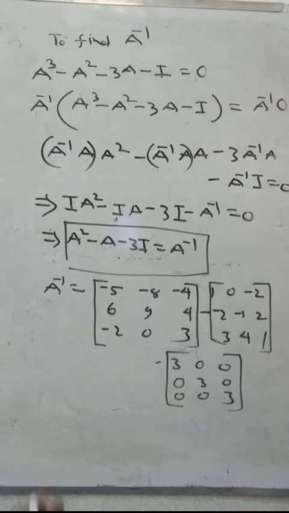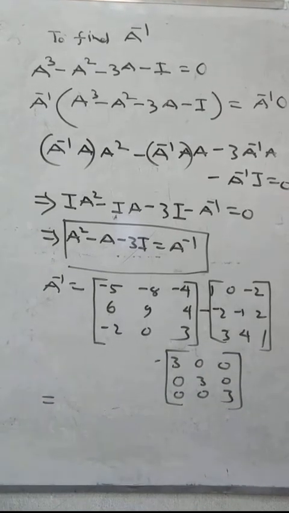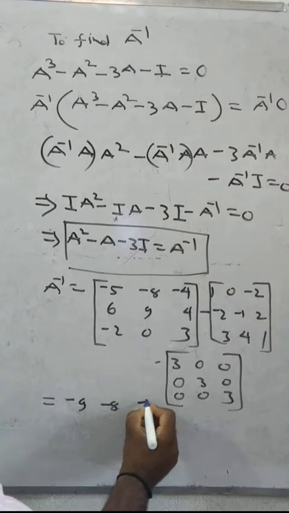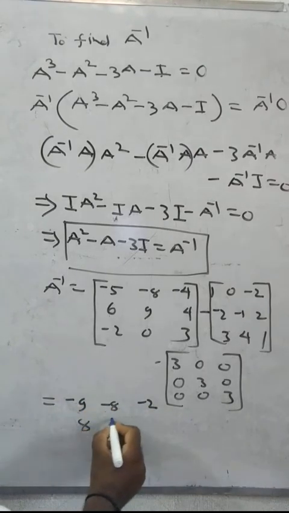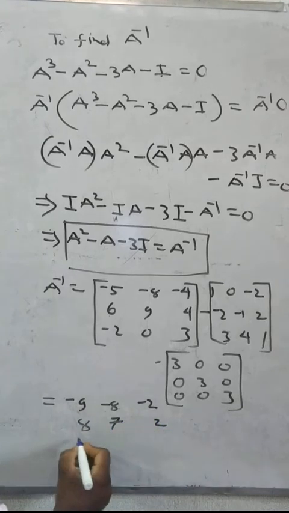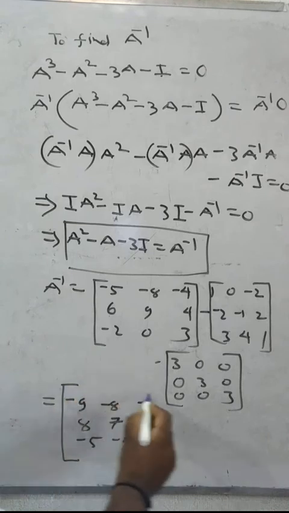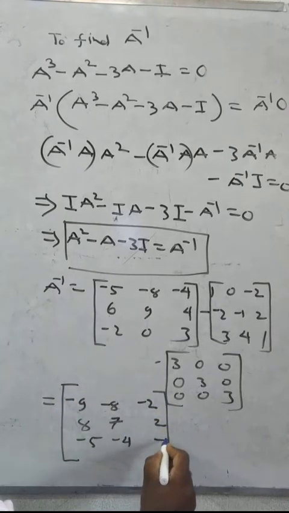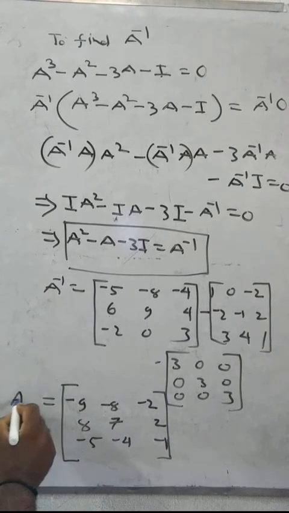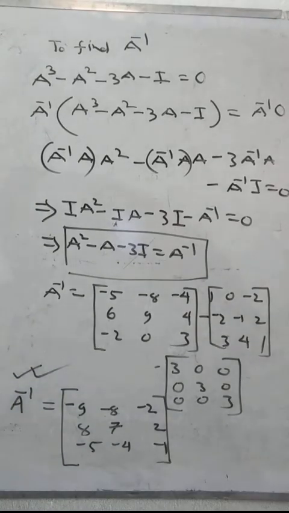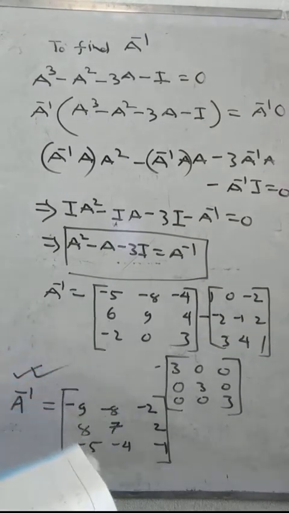So finally we get the value of A inverse as minus 9, minus 8, minus 2; 8, 7, 2; minus 5, minus 4, minus 1. This is the value of A inverse. So this is the completion of the second question.